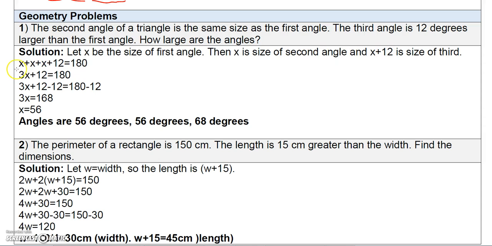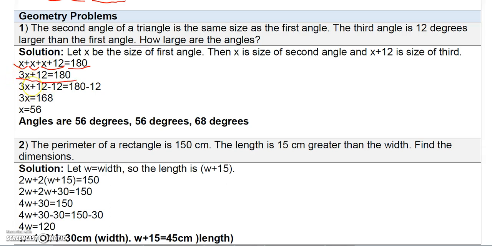And since we know when we add all 3 angles in a triangle, they add up to 180 degrees, then we can take the first angle plus the second angle plus the third angle, and that equals 180. Then if you add those up, you get 3x plus 12 equals 180.